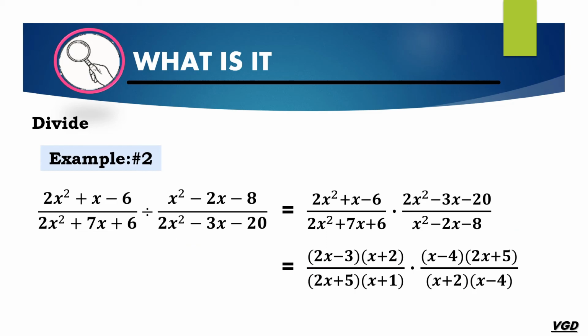Now, the next step is to cancel out those common factors in the numerator and also in the denominator. So, we have x plus 2, which is common in the numerator and denominator, and also x minus 4. We also have 2x plus 5. And so we have our remaining factors here.